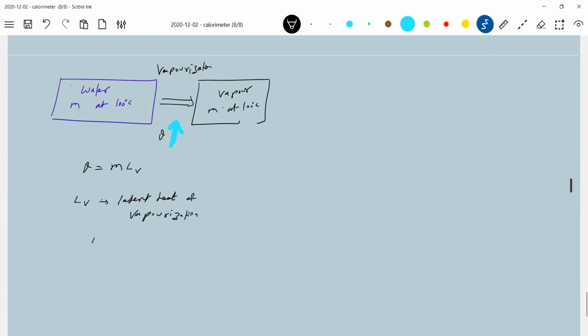Latent heat of vapor. Its value will be 540 calorie per gram.